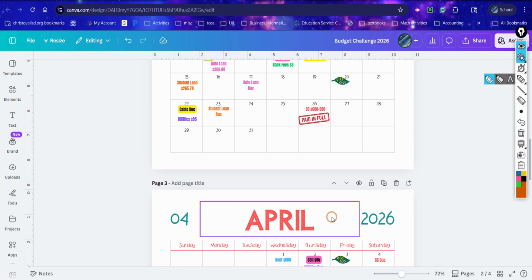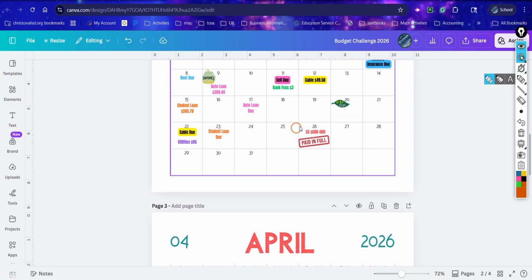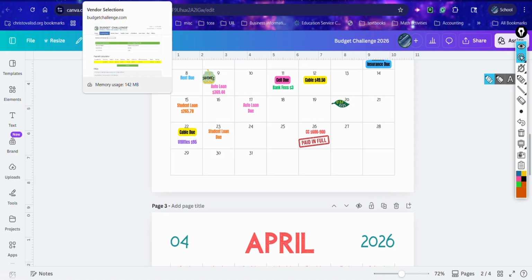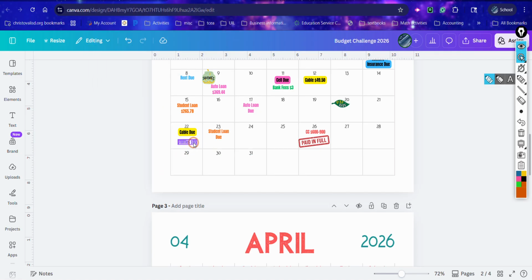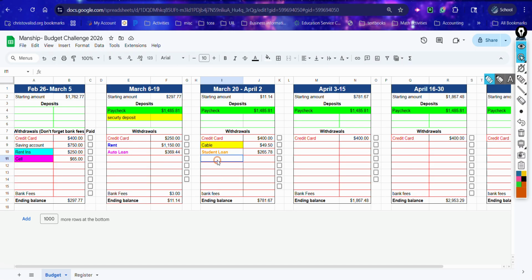And remember, I'm trying to get everything covered that's due after the 20th. So I noticed that my cable was due, my student loan was due, my utilities are coming out. So I'm going to go ahead and plan for my utilities. If you chose the budget one, where it has an average of $95, it's going to be $95 each time.